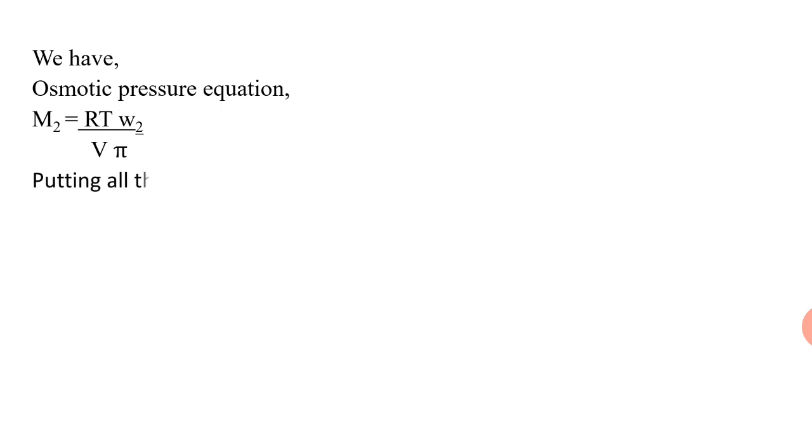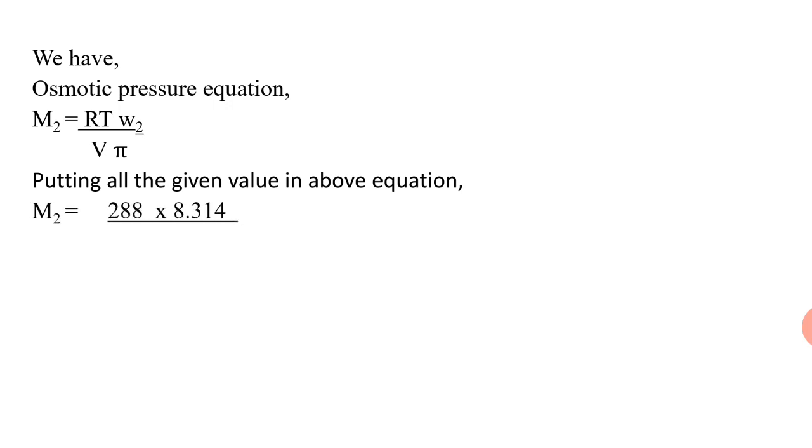We have the osmotic pressure equation, that is M2 is equal to RT into W2 divided by V pi. Putting all the given values in the above equation, we get M2 is equal to 288 into 8.314 into 5 divided by 3.496 into 10 raised to 5 into 0.1 into 10 raised to minus 3.